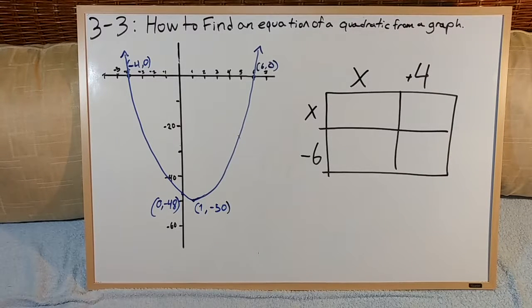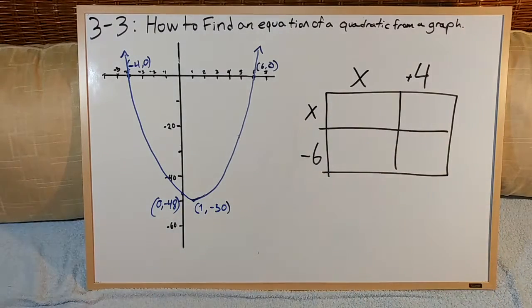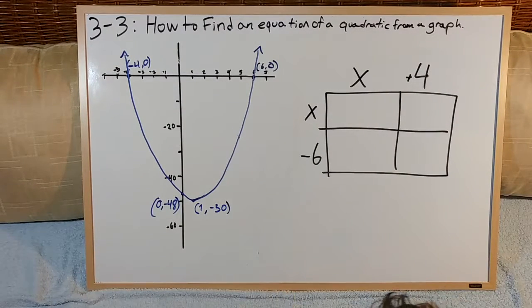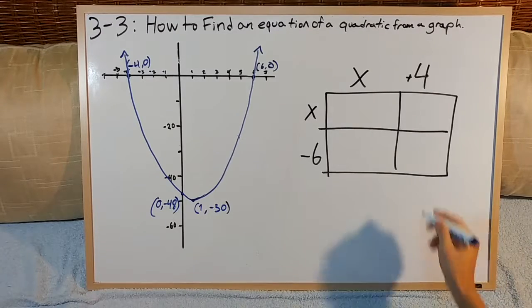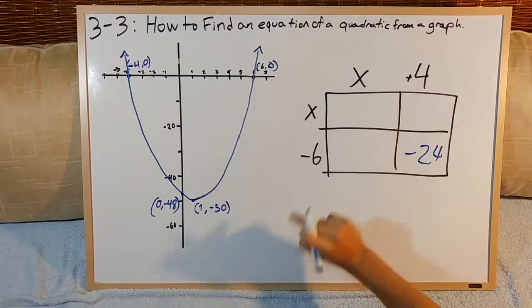I basically just rewrote the previous function we had, f of x equals x plus 4 times x minus 6, into the little square thing we did in the previous lesson. We did it so that if we put 0 in this function, we would get -24, which is 4 times -6.